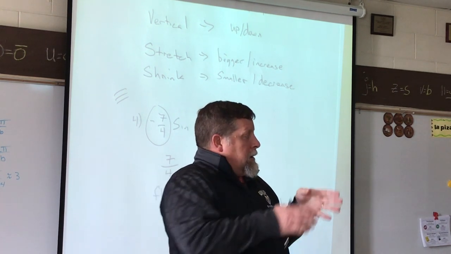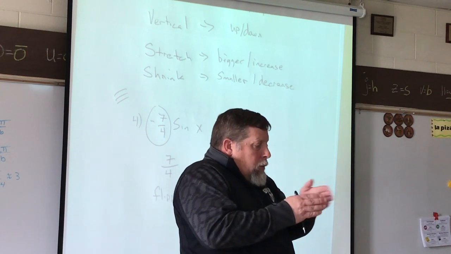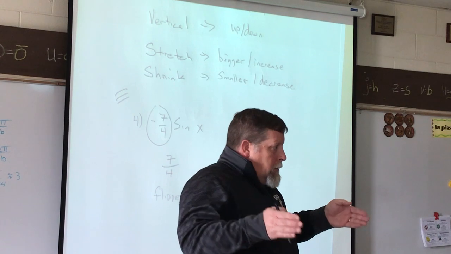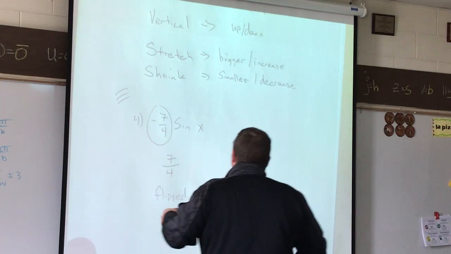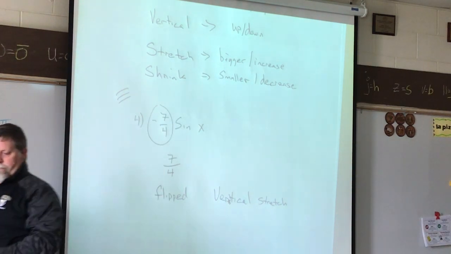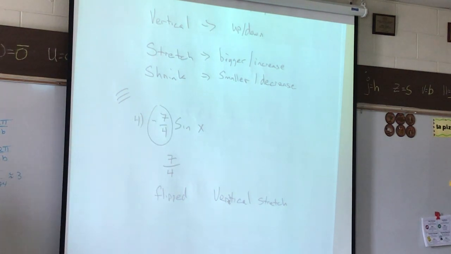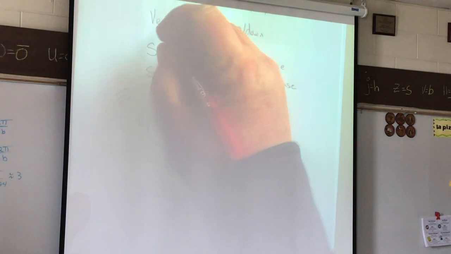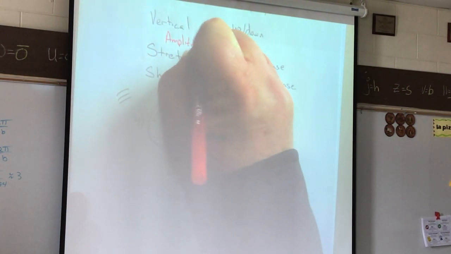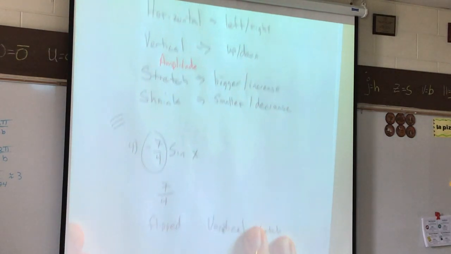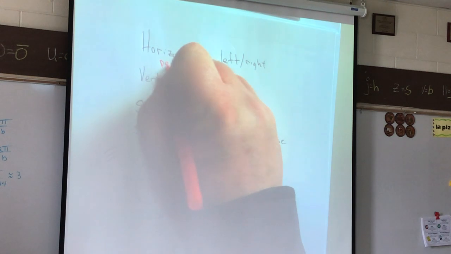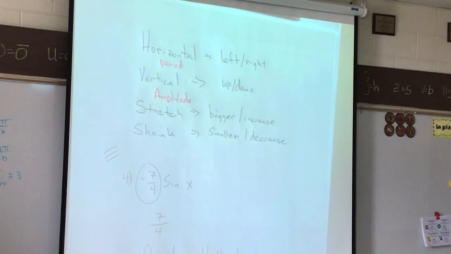Basically, you've got to say, did this number change it vertically or horizontally? How do I know? Amplitude is up and down. Did it get bigger or did it get smaller? Let's see if this helps you. Vertical is amplitude. Horizontal would be your period.